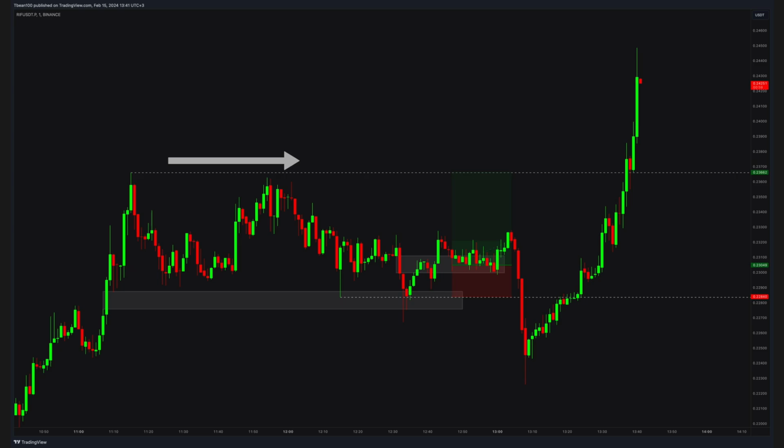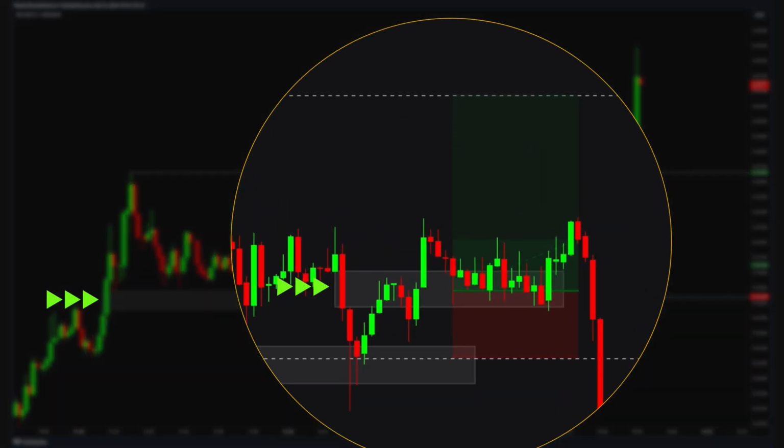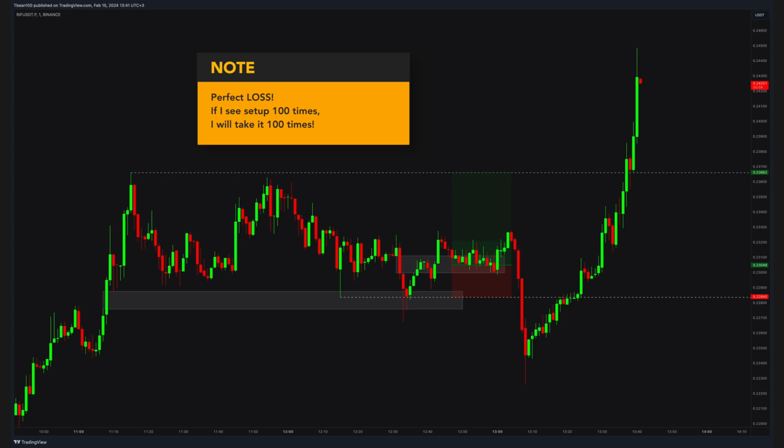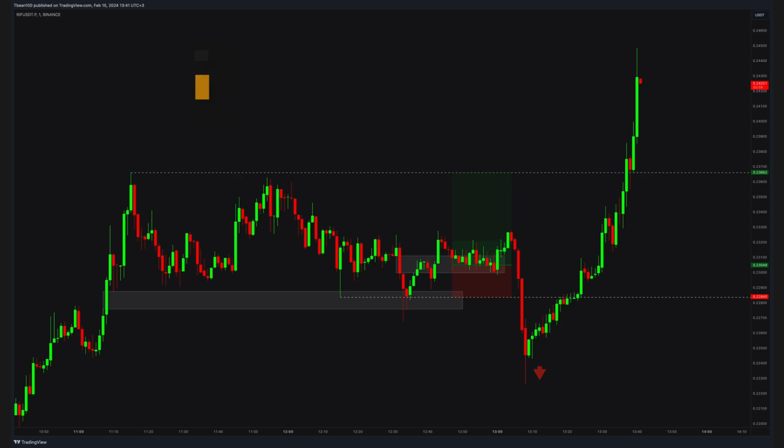Then the price pulls back into this imbalance and again it sweeps the liquidity one more time. Then this imbalance fails and the next imbalance holds the price. This is a great setup. If I see it 100 times, I will take it 100 times. This drop is very sharp and quick. It can be some sort of news here. I'm not 100% sure.